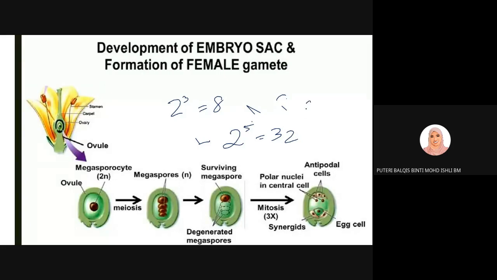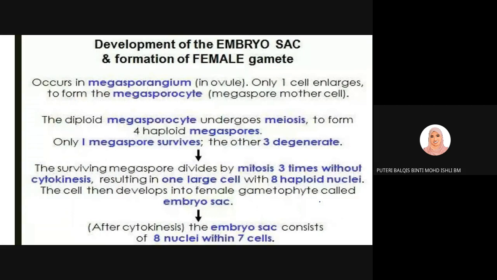Okay. So kalau satu mitosis dapat 2, bila dia buat mitosis 3 kali, dapatlah 8 nuklei. Itu yang specialnya untuk embryo sac. Kalau si pollen grain tadi ada 2 saja nukleus dia.